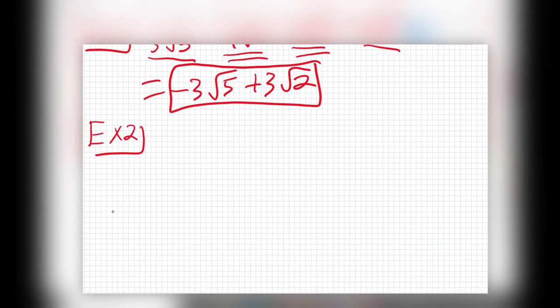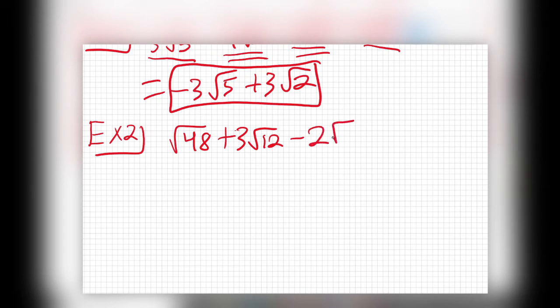Let's say we were to have square root of 48 plus 3 square root of 12 minus 2 times the square root of 27. So for this, we're looking to simplify each square root first because we all have different ones, and recognize that we need to take the prime factorization of each square root before we can add or subtract any of them.